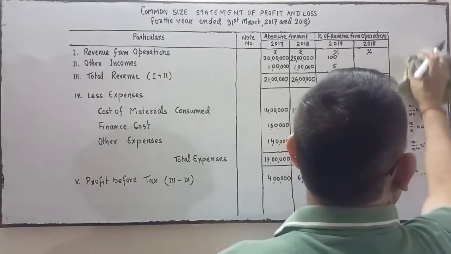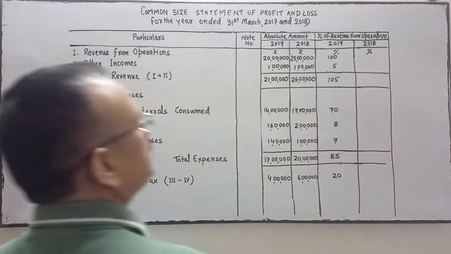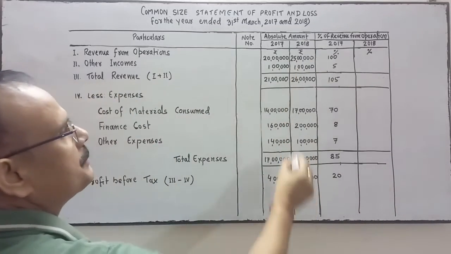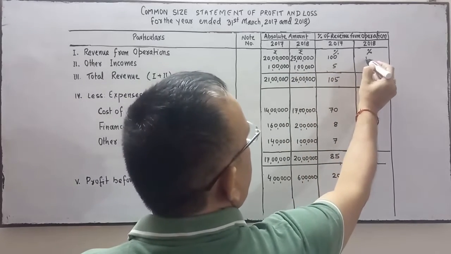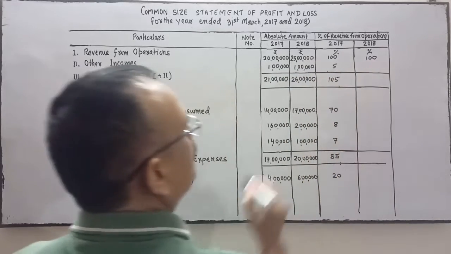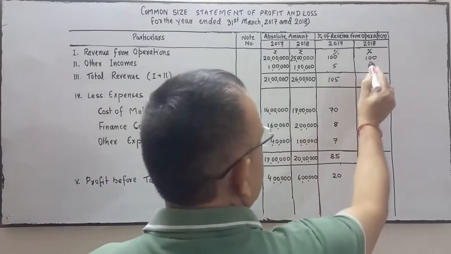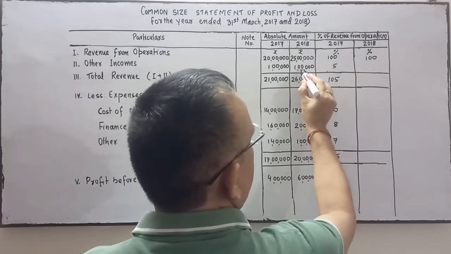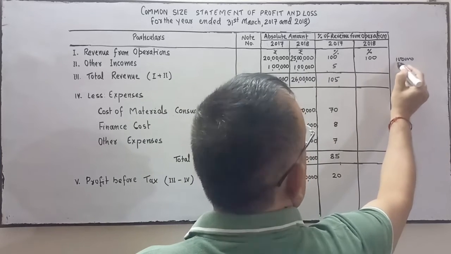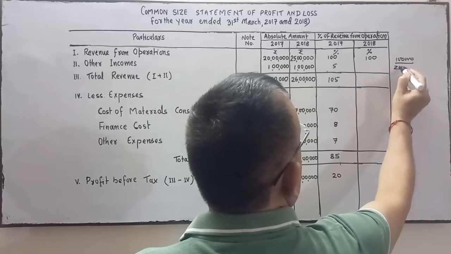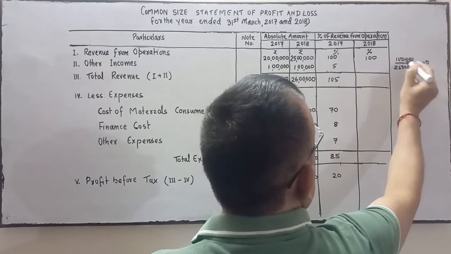In the same way, we will calculate the percentage of this side, 2018. By taking the figures of 2018, we will calculate the percentage. So 25 lakhs revenue from operation will be taken as 100. It's the base figure. Now calculate other income, 1 lakh upon 25 lakhs into 100.